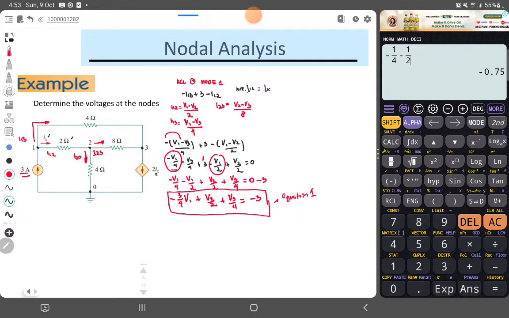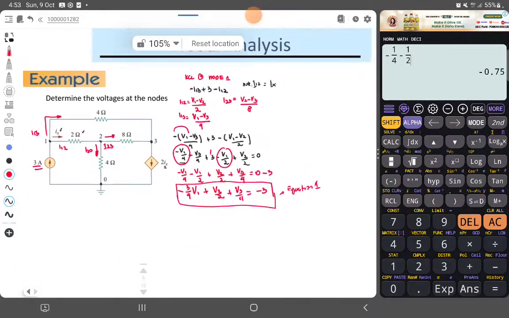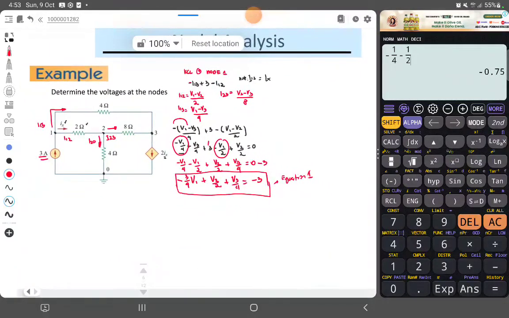Next, we have 3 non-reference nodes, so therefore we will make 3 equations. So let's have KCL at node 2. If I take KCL at my node 2, the tendency is that I have Ix, or my I12, going into the node, I23 going out of the node, and I20 going out of the node, equals 0.